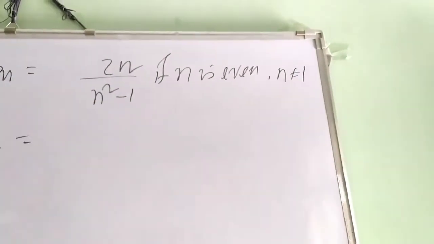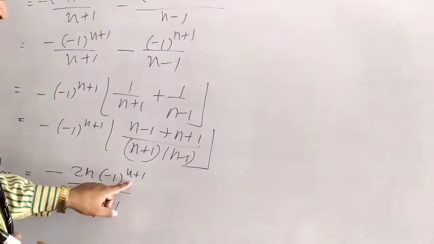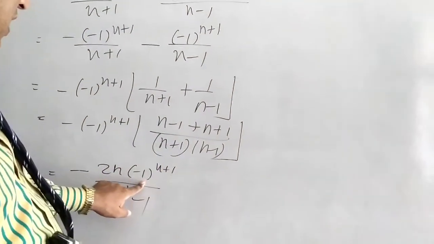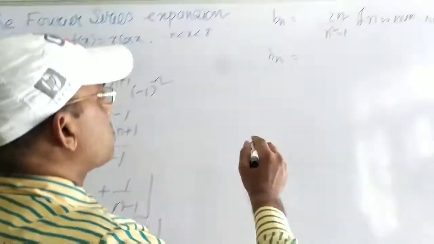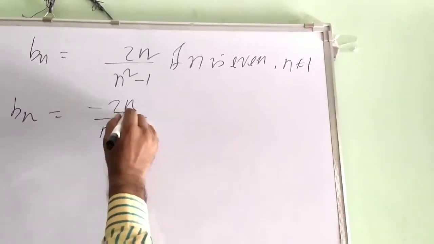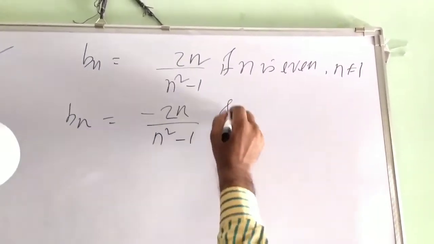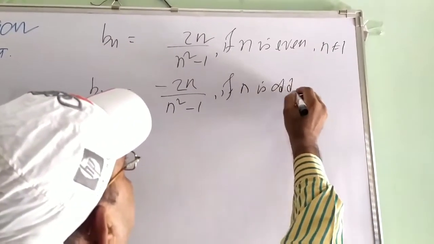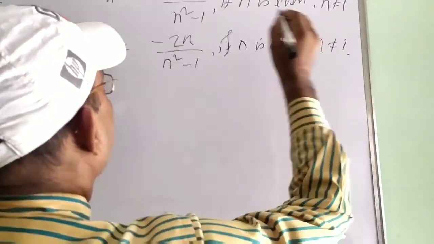Again, if it is odd, suppose 3 plus 1 is 4, then minus 1 to the power 4 means plus 1, then we get minus twice n. So this will be minus twice n by n square minus 1 if n is odd but n not equal to 1. We get this.